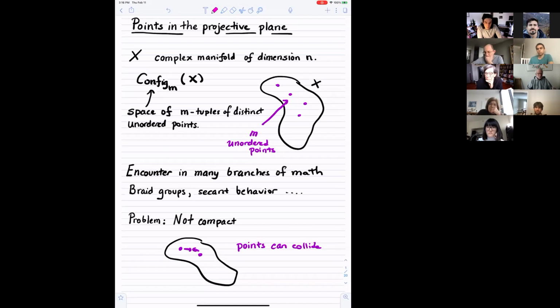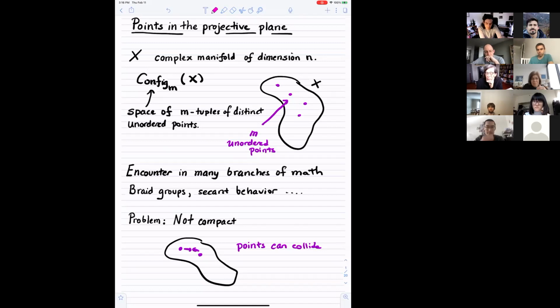He's published over 50 papers, many awards, and he's also a very generous mentor, formally of about a dozen or more PhD students and postdocs, and informally of many more young people who've had the good fortune to talk math with him. So without saying too much more, I want to turn it over to Izzet, who will tell us about points in the projective plane.